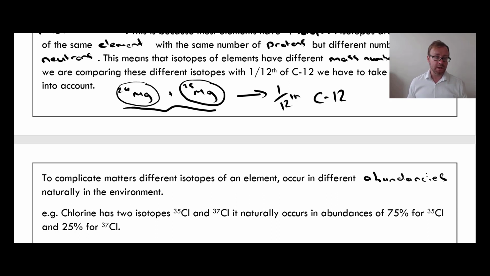Okay, so in the Earth's crust, we'll have all of these different elements, and they occur naturally. The isotopes of these elements occur naturally in different amounts.